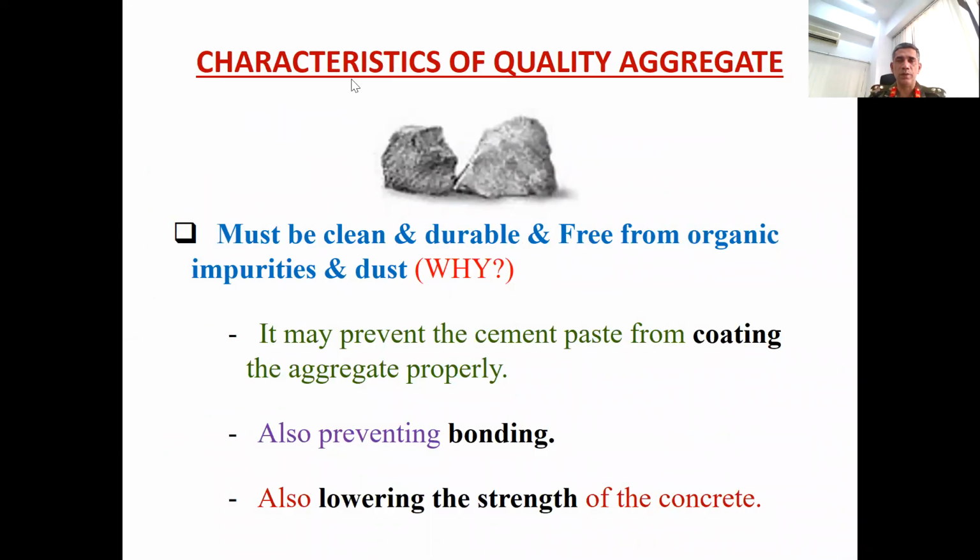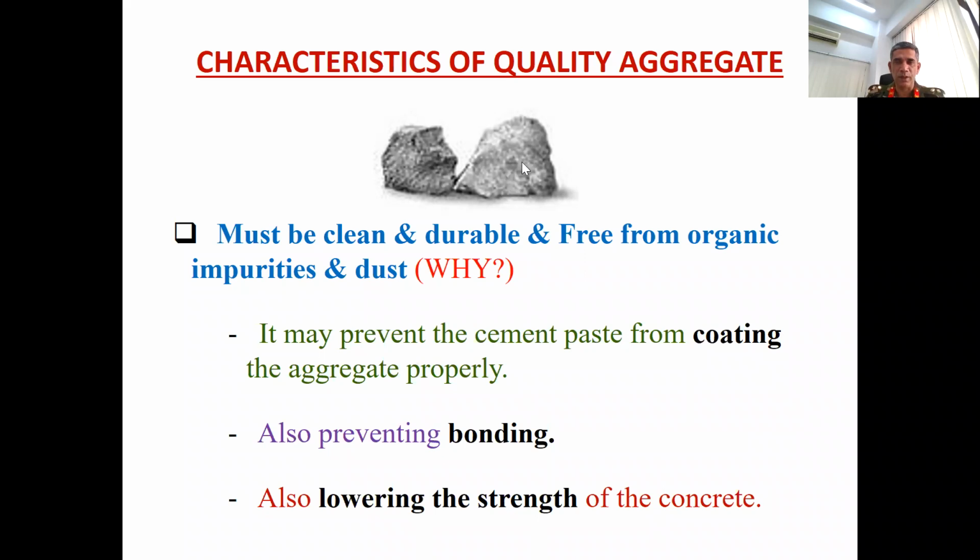Now, characteristics of quality concrete. These are very easily understandable issues. Concrete should be clean and durable, and it should be free from organic impurities and dust. Why? Because if the aggregate has got dust, then it will not make a bond with the cement.